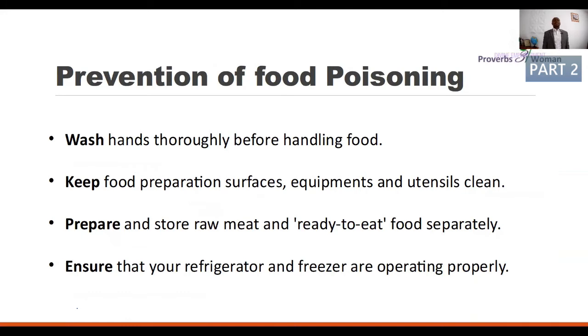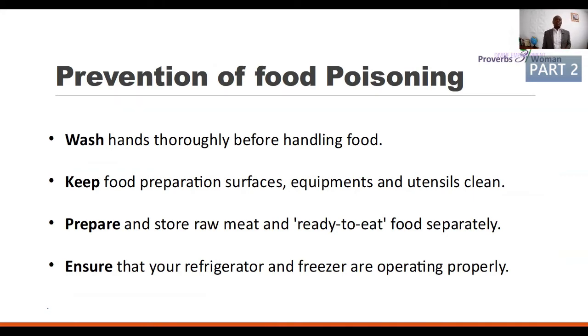How do you prevent food poisoning? Can we prevent food poisoning? Of course we can. Sometimes it's all about avoiding those bad habits that we have when we are preparing food, when we are handling food, or sometimes when we are storing food. Those bad habits, we need to make sure that we get rid of them.